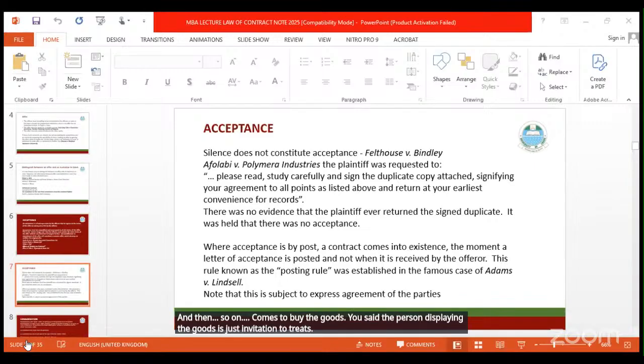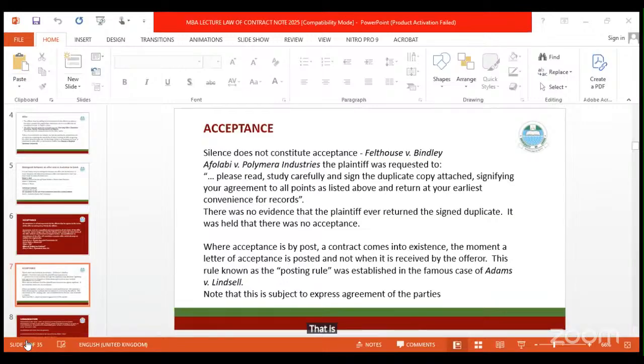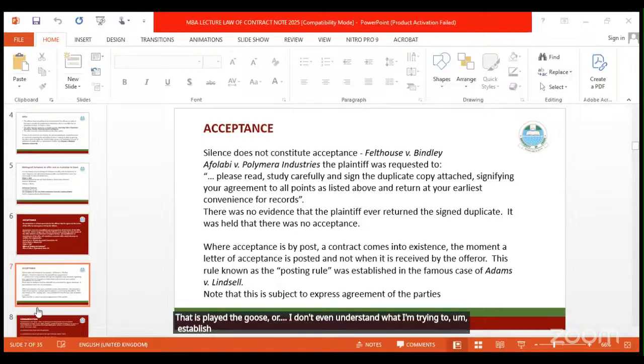The person coming to buy the goods and saying I'll pay this is making an offer. But you now say the person stating I'll pay this is a counter offer to the offer made by the person that displayed the goods. So I want to understand: does the invitation to treat have in itself an offer? The fact that the person has placed a price on those items, does it shift it from being an invitation to treat to an offer from the person that displayed the goods? I don't know if you understand what I'm trying to clarify, sir.